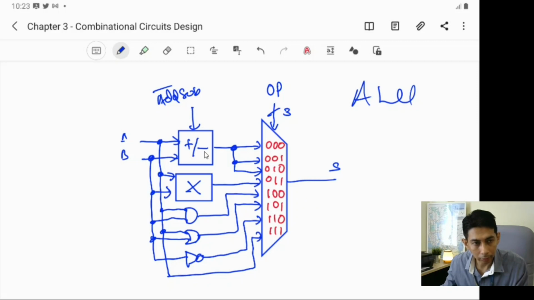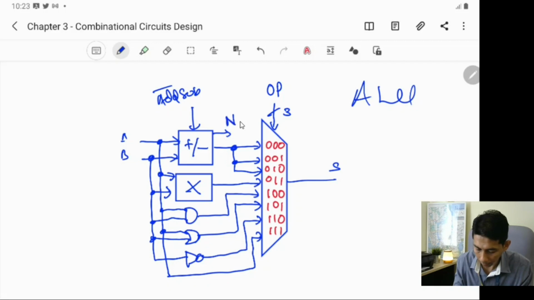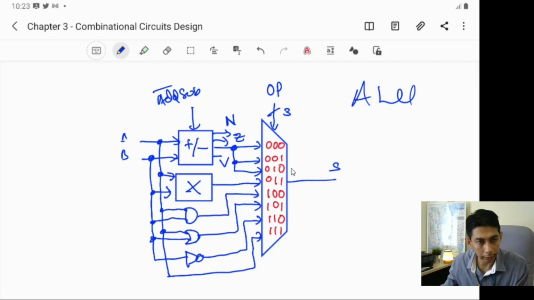And when 0 1 0, the output is from this also. Of course here you need to have the flags, which should be from the adder subtractor unit. So here you need to have N, you need to have Z, and one more is V. So the output for the comparator is this one. So 0 1 0 is no need to go to the multiplexer, no problem, because the output is here.